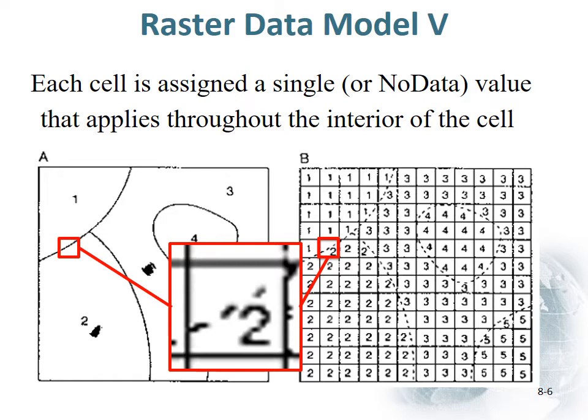And the vector data does a really great job of establishing the boundaries, the margins between those different land parcels. The pixel may fall on the boundary line itself. It may encompass information from two different land use categories, 1 and 2. And so when we generate a raster from something like this, where does it get its value from? It's from whichever of those categories occupies the majority of the area of the individual pixel or cell.